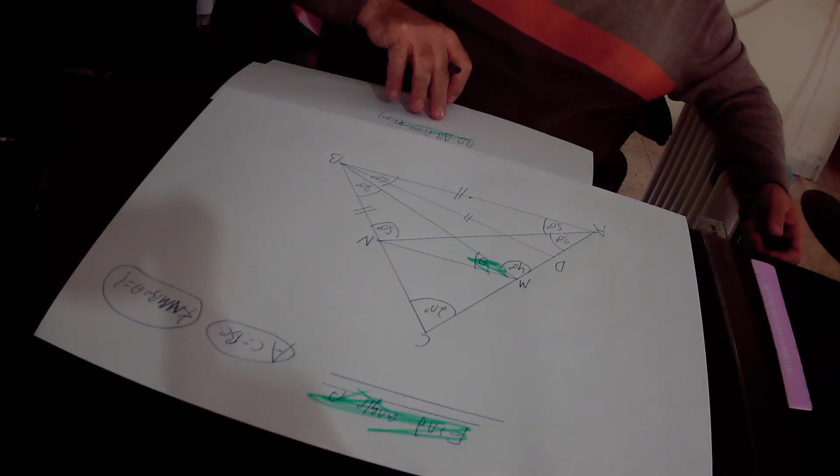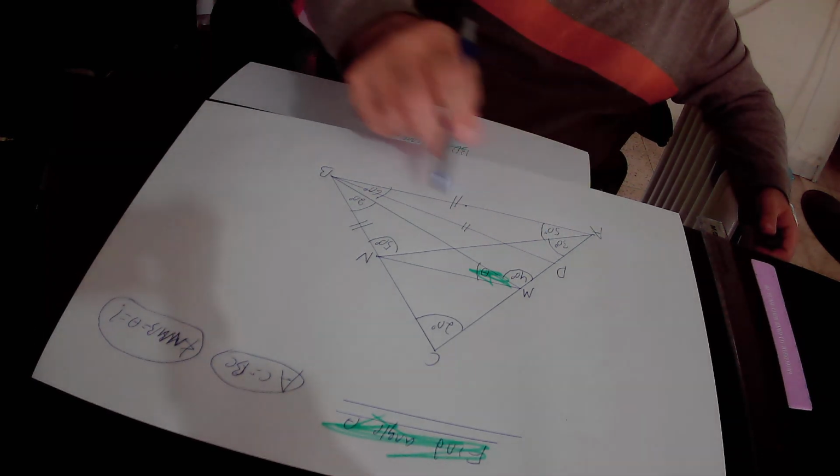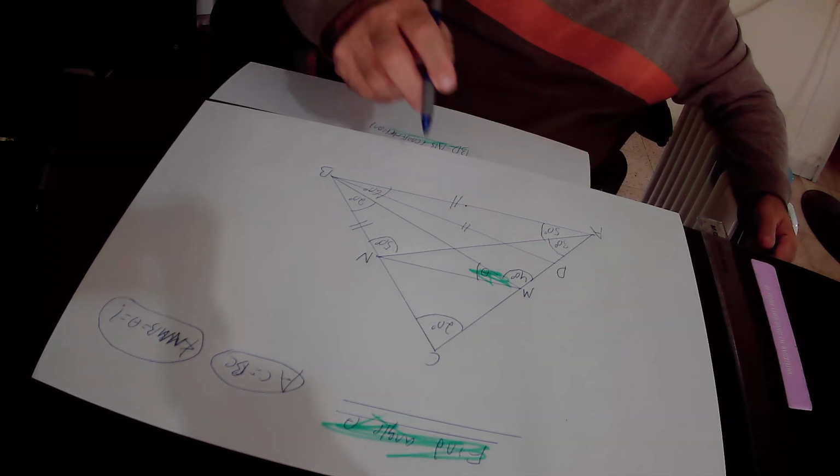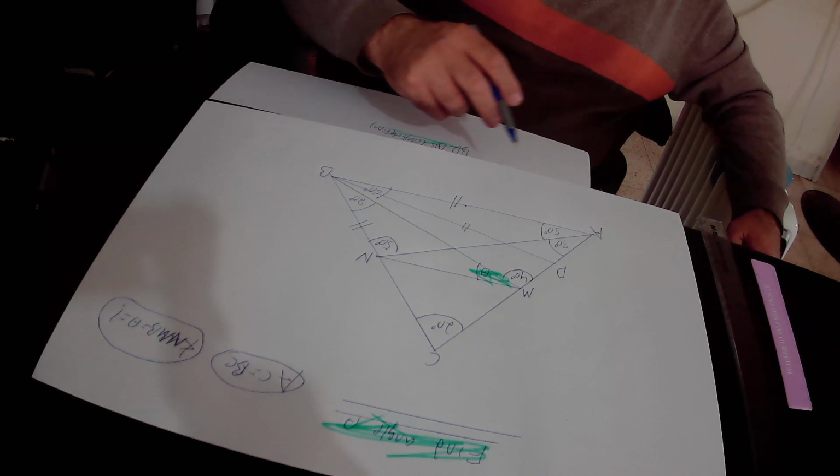So in the next step, we focus on triangle ADB. So I copy triangle ADB in the new page and we analyze this triangle, triangle ADB.